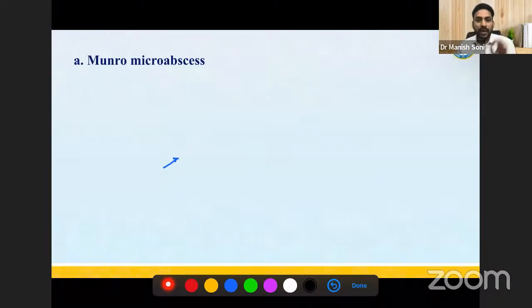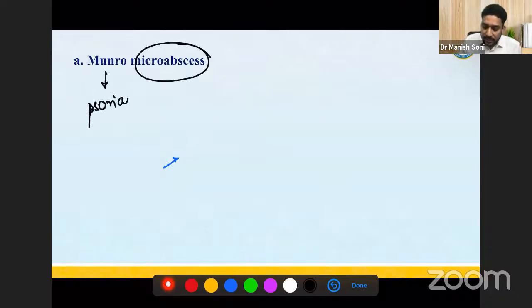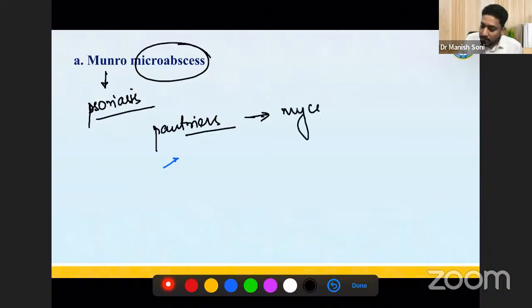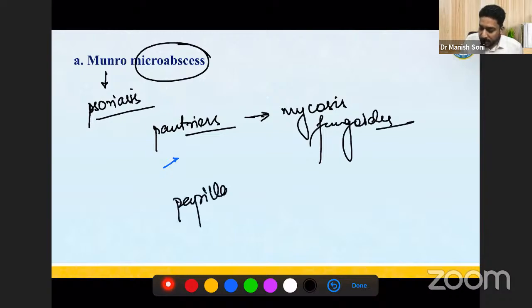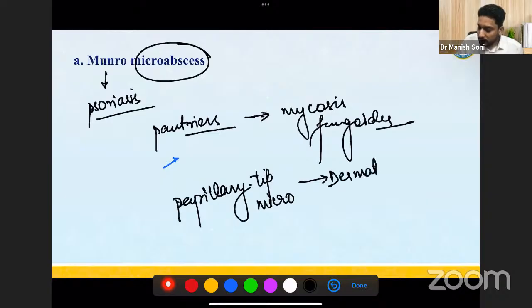Now let us revise few microabscesses here. Munro's microabscess are seen in psoriasis, and Pautrier's microabscess are seen in mycosis fungoides. And one more, papillary tip microabscess are seen in dermatitis herpetiformis.